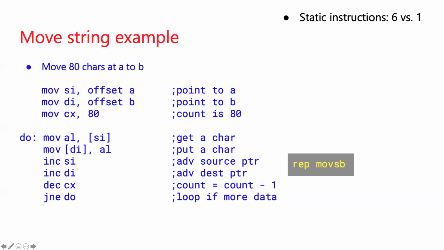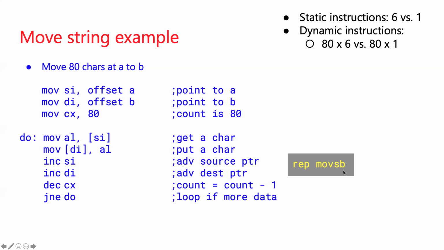So the job of fetching and decoding each of these instructions with this one CISC instruction is going to be a lot cheaper. In fact, it's more than that, because each of these had to be fetched and decoded 80 times.